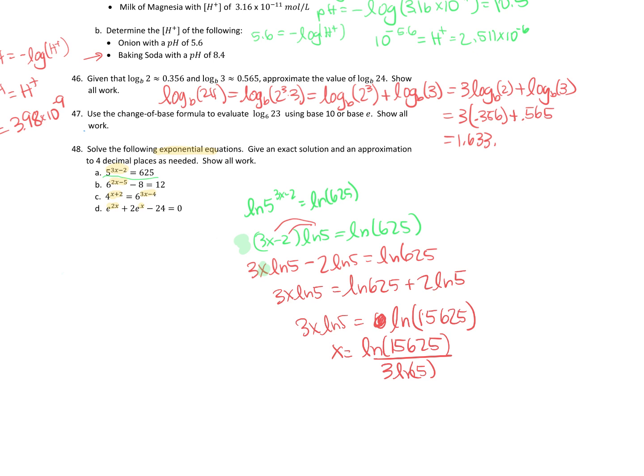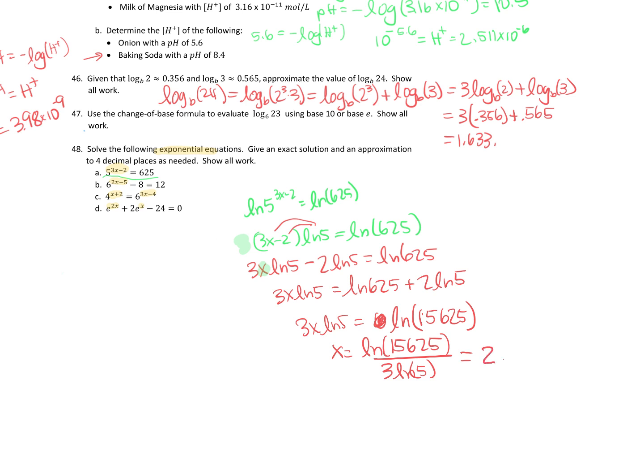And I can't simplify that any further, but I can plug it into my calculator and get a decimal approximation. So if I do natural log of 15,625 divided by, I'm going to open parentheses, 3 natural log of 5, that gives me 2.